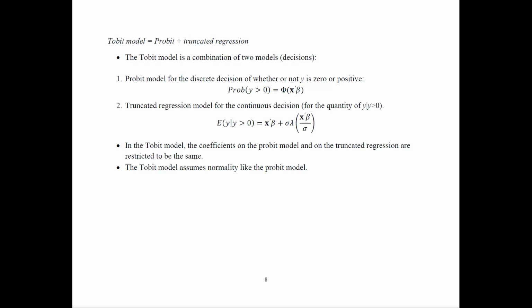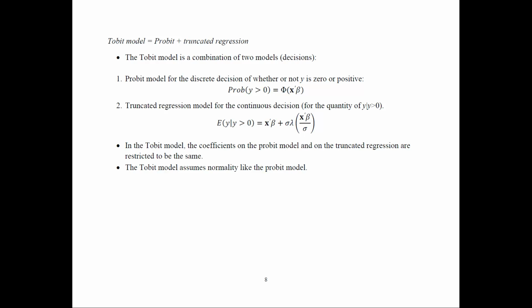Now remember that the dependent variable is a 0 or positive value. So in this case, you can say that you can model two decisions. One of them is whether or not the dependent variable is 0 or positive, like a 0 or 1 variable. And then if it's positive, then the question is how much.